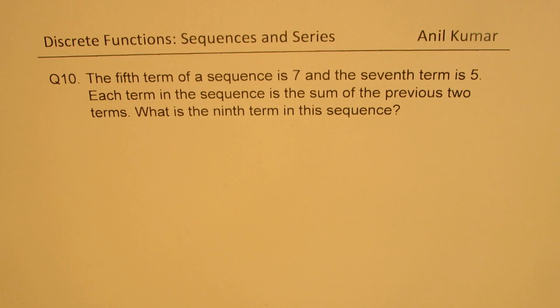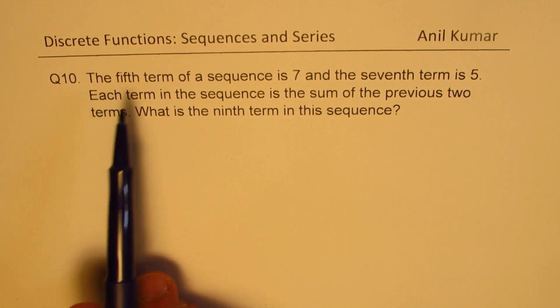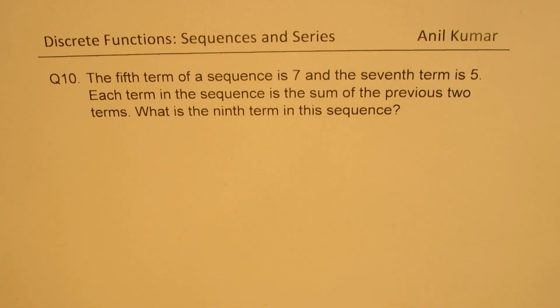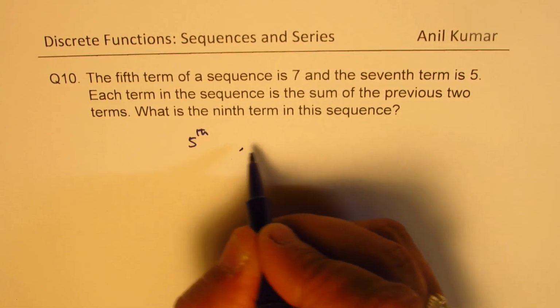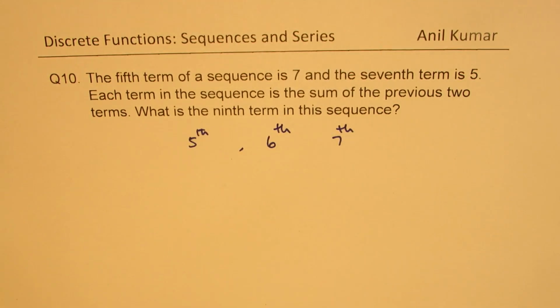That brings us to the last question of this discussion on discrete functions, sequences, and series. We have basically concentrated on sequences. Question number 10 is, the fifth term of a sequence is 7 and the seventh term is 5. Okay, so we have fifth term, right? Then sixth is missing. Okay, seventh term, right?